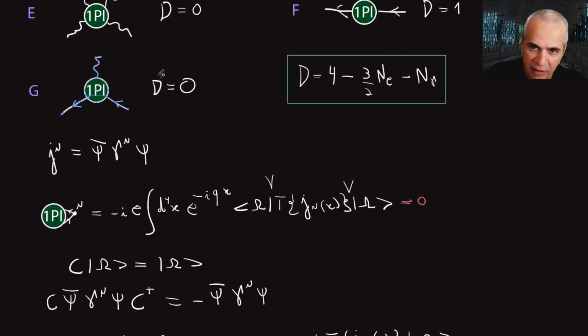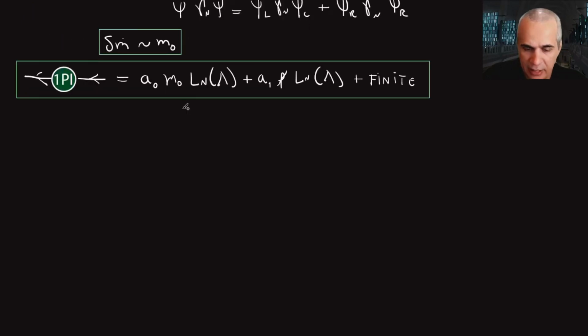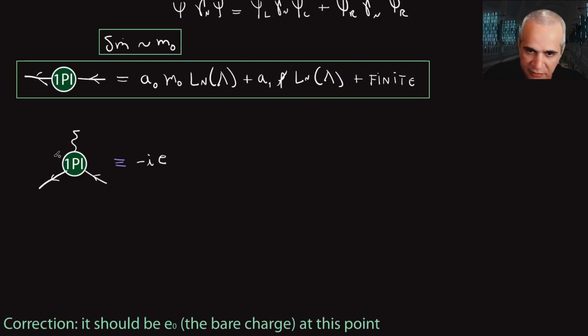So we have already seen that the superficial divergence for the whole thing is 0, right? And now I want to define, and I'm also using this opportunity to give names to all these quantities. So this, I'll name minus i e, as I have talked before.